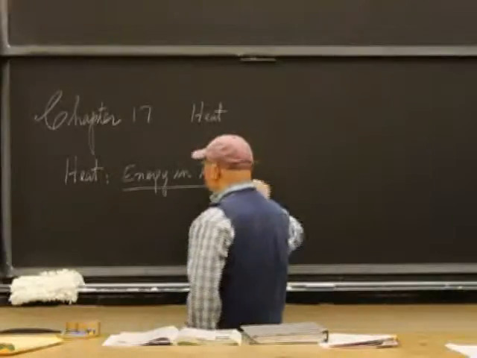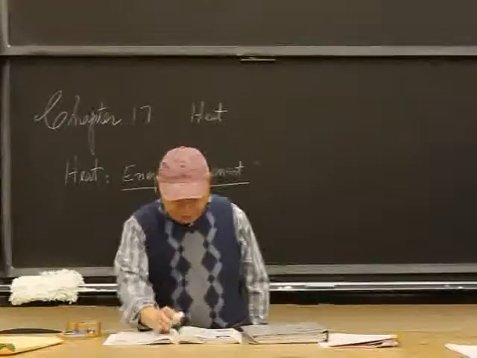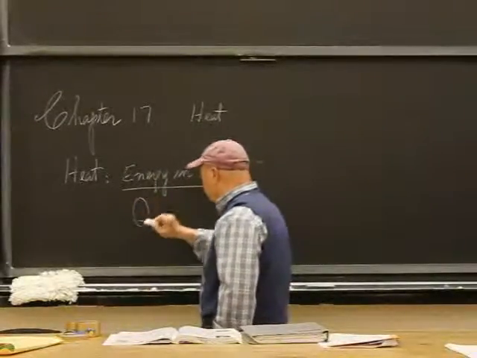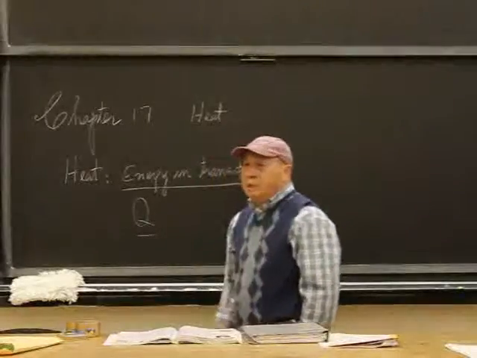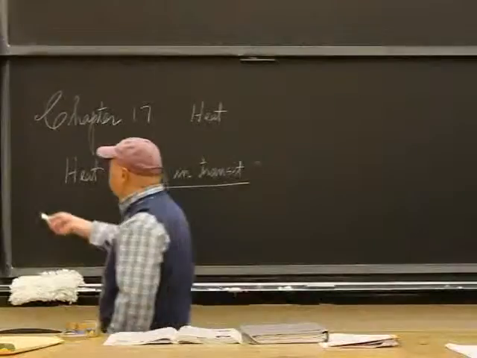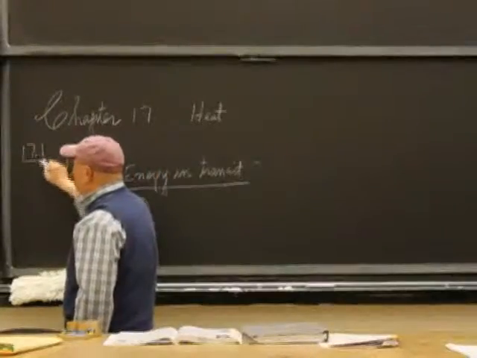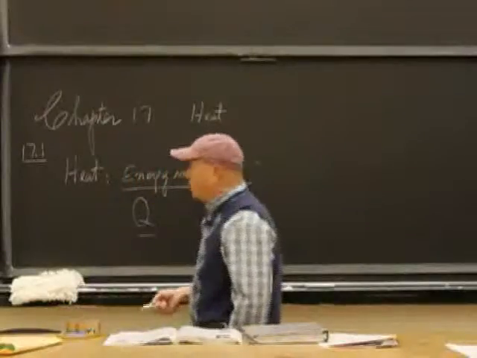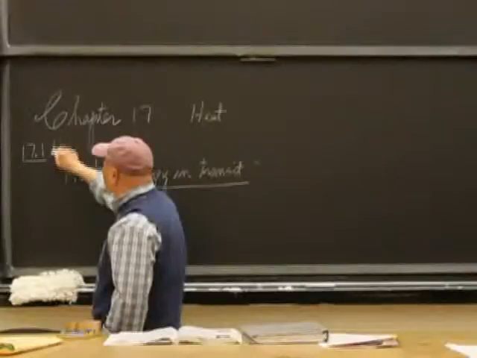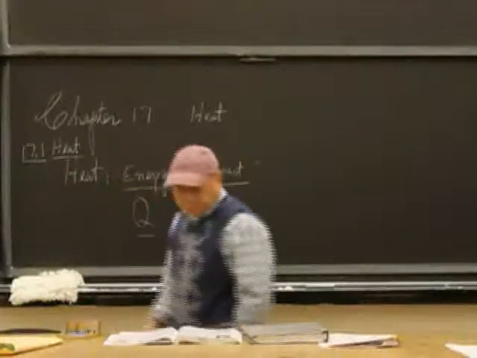So heat energy is in transit, usually called Q. When heat is in an object, as internal energy, this is basically heat.